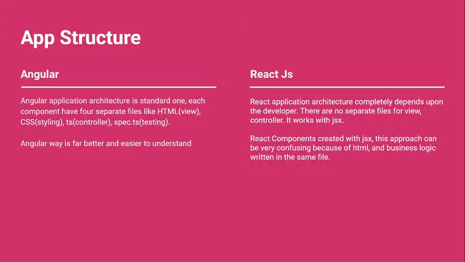The next one is app structure. The architecture of the application completely depends on how you visualize the app structure. Angular is a framework, so the community created a set structure, which means in Angular we have components, modules, directives, pipes, and all. They give a certain structure for each component.